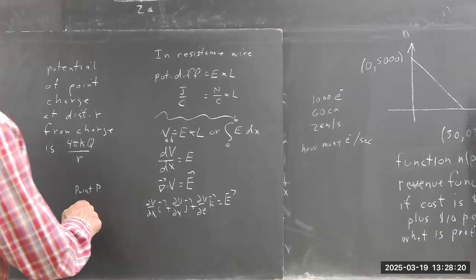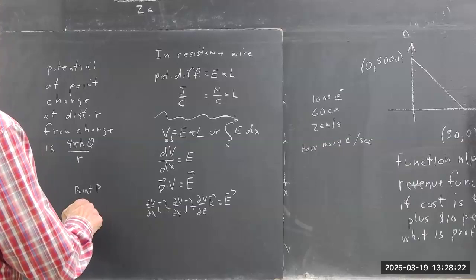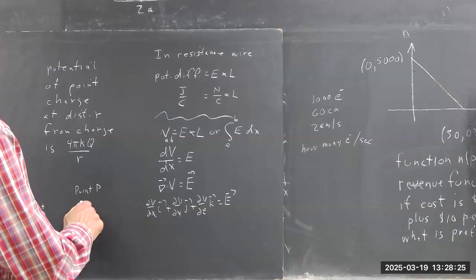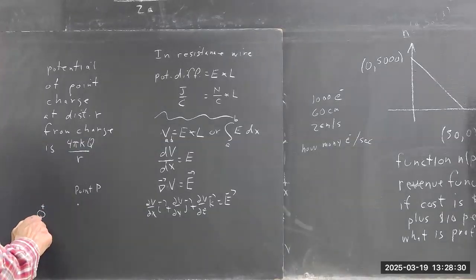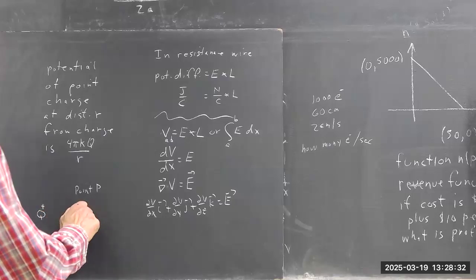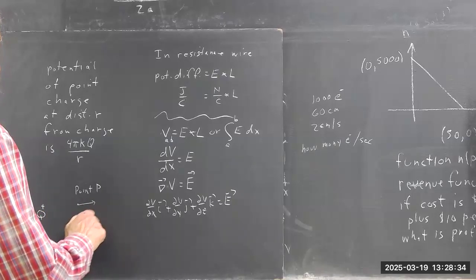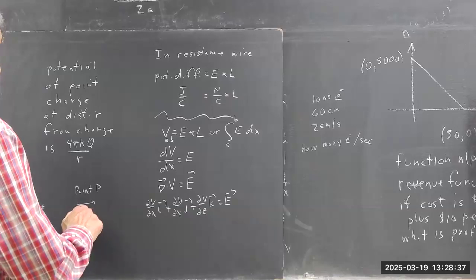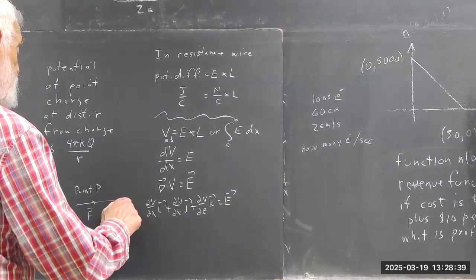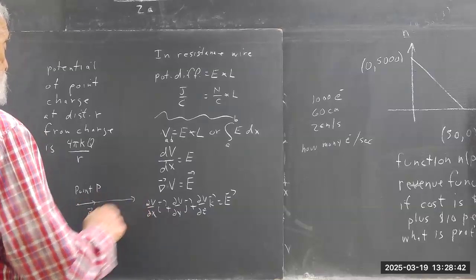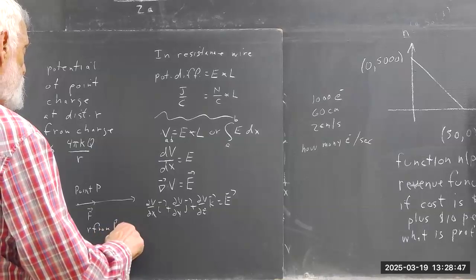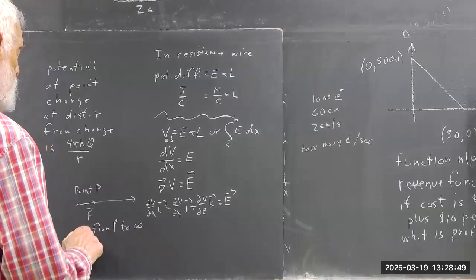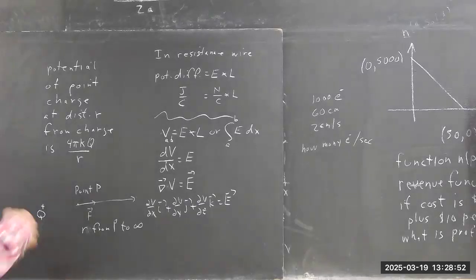If I go from here to infinity, assuming a positive charge here, positive Q, and my force is in this direction, and my R goes from here to infinity, it could go along any path. Just assume it's a straight path away from Q. Okay.